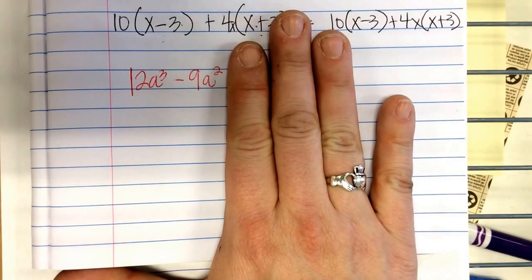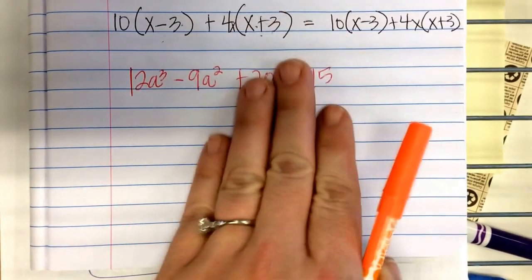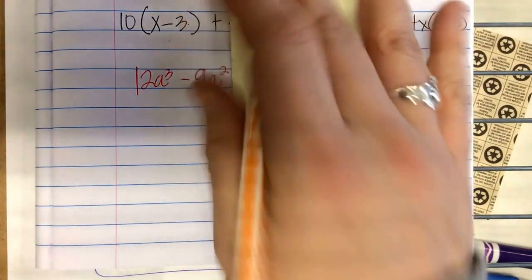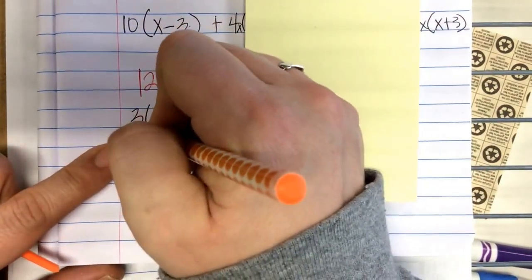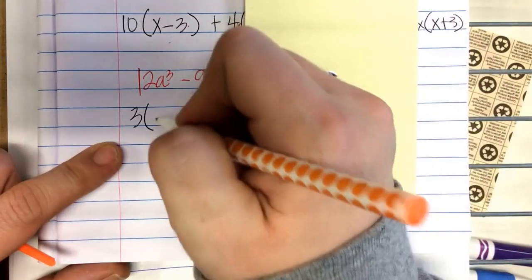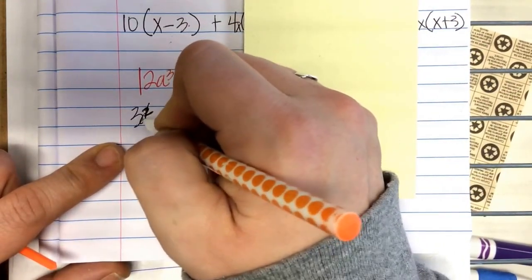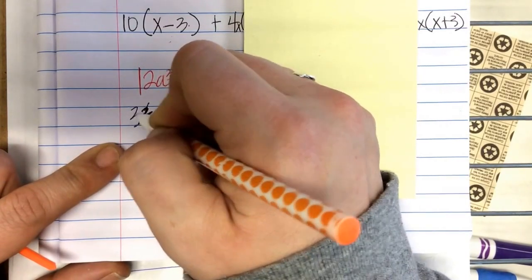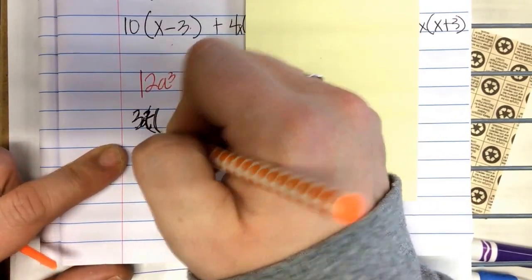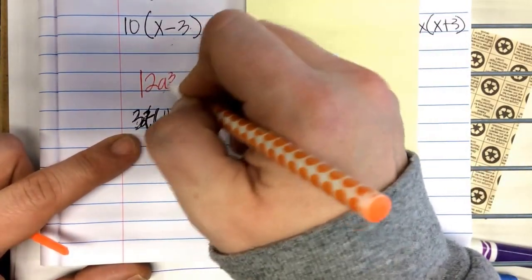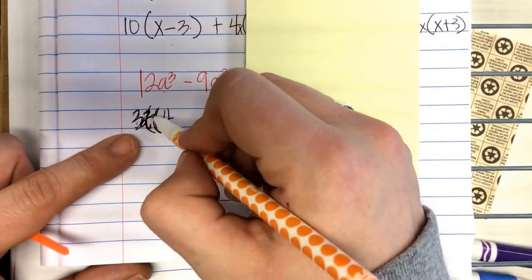Factor this first one. What do you get? 12 and 9 share a 3. And how many a's? A squared. 12 divided by 3 is 4a, a to the third divided by a squared is a.